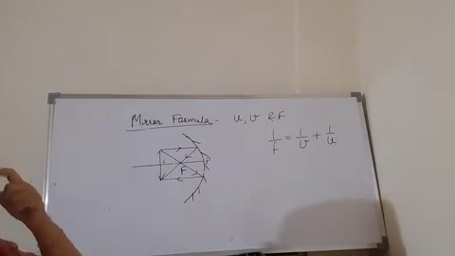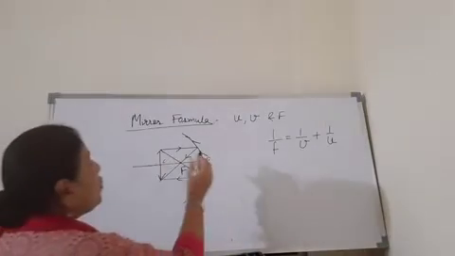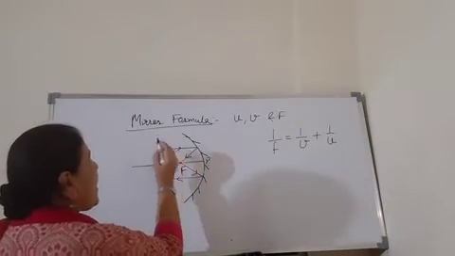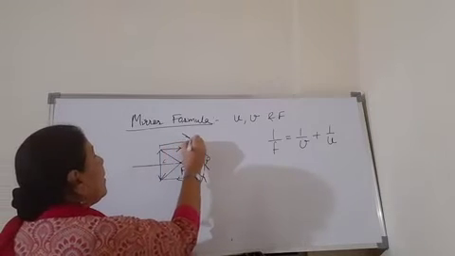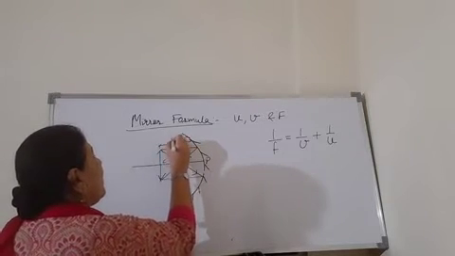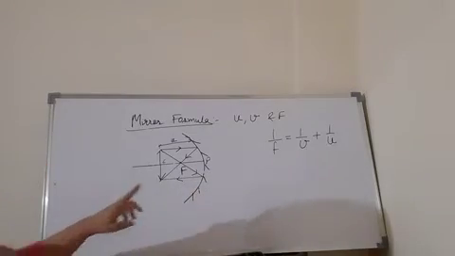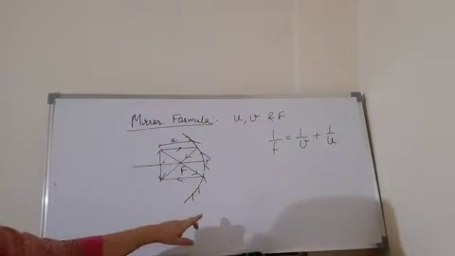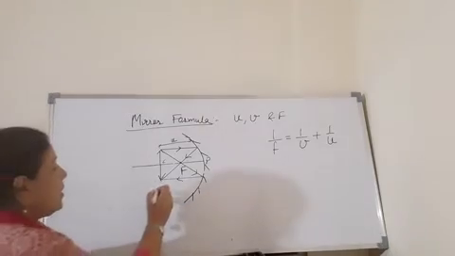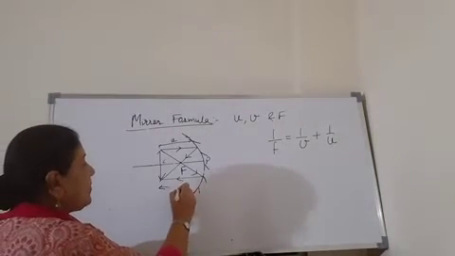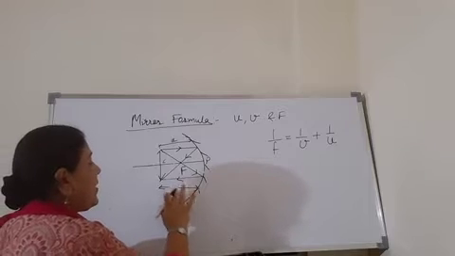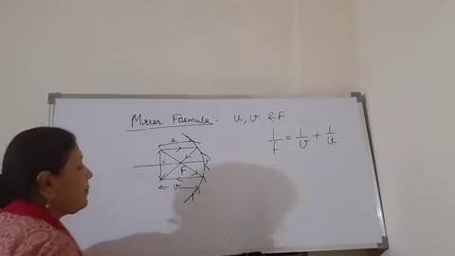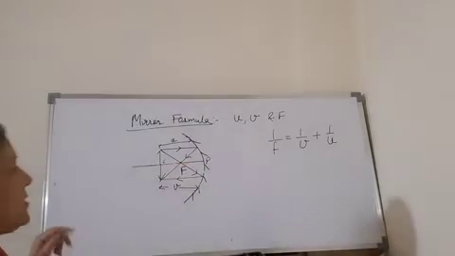So where do we show the U? U is the distance between the mirror and the object. So this will be referred to as U. V is the distance between the mirror and the image. So this will be referred to as V. And F is the focal length.